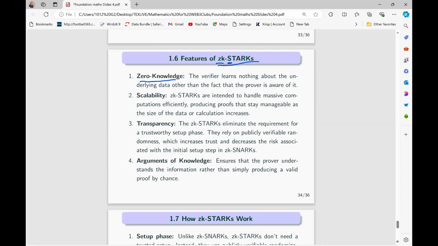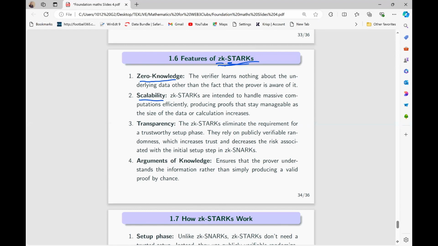So these are used if you have huge data, or you have several computations or several proofs, and then this one will work because of the scalability. Scalability, again, is another disadvantage that is not there with the ZK snarks.